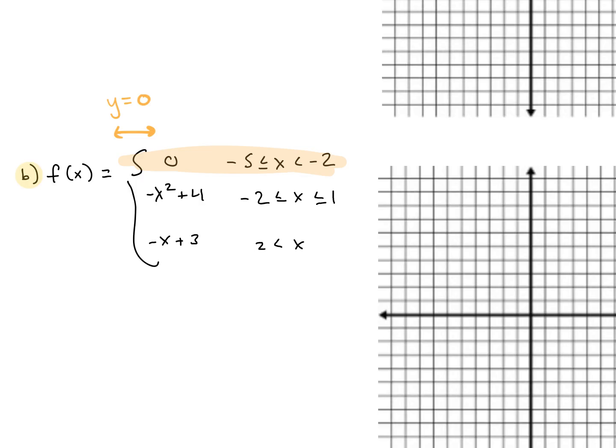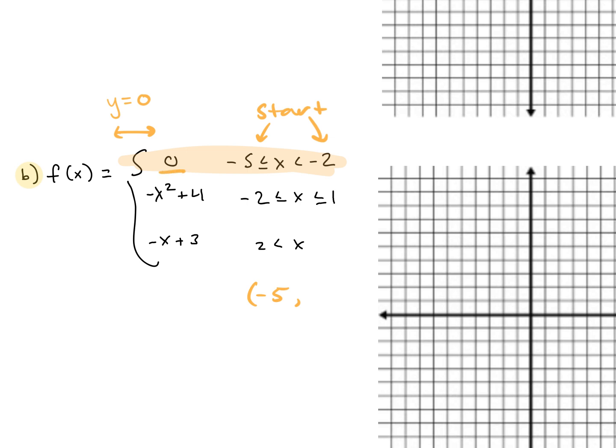Let's find some points. What number would we start plugging in here? Just remember, we always want to start with the numbers that it gives us. So we're going to start by plugging in -5 and -2. If I plugged in, hypothetically, because we really don't have anywhere to plug in here, -5, what would our y be? 0.